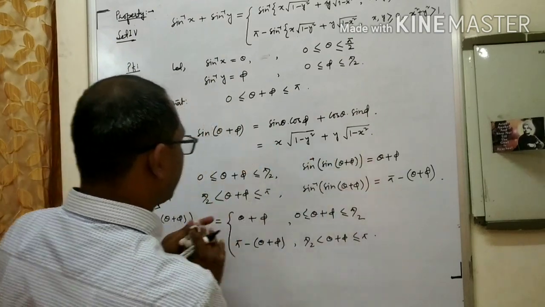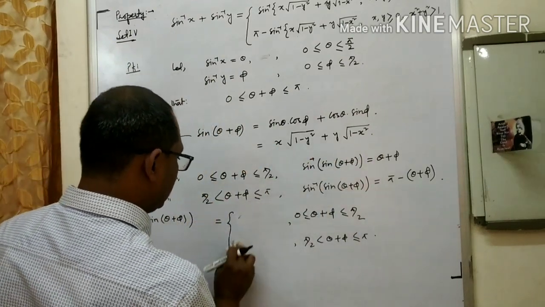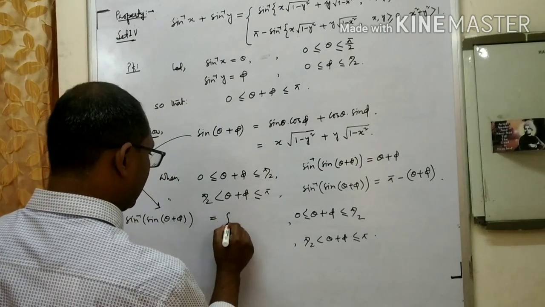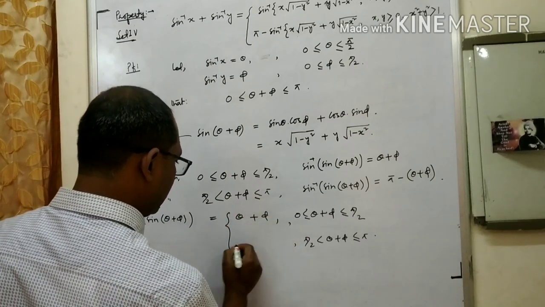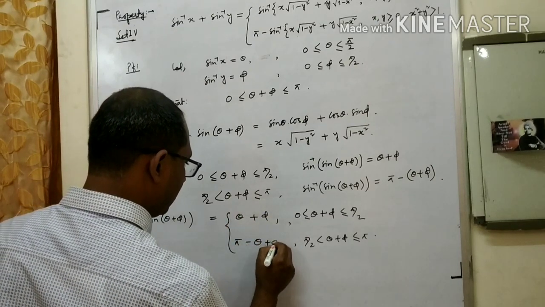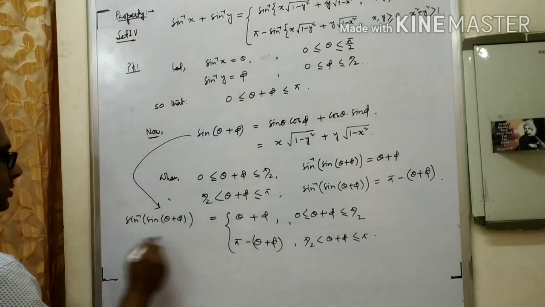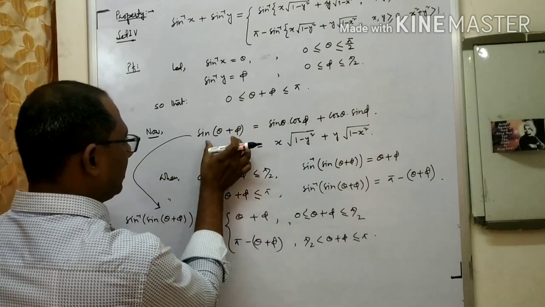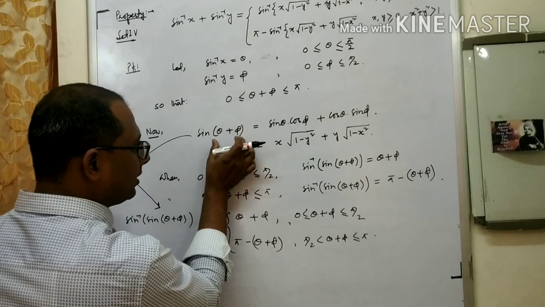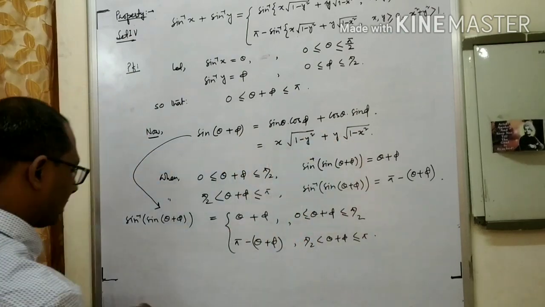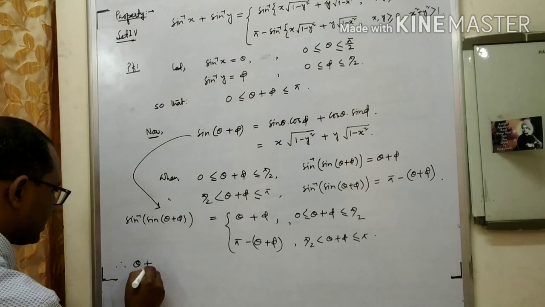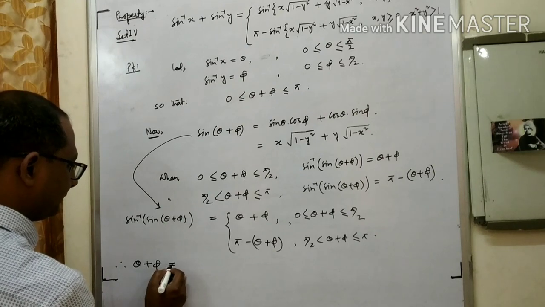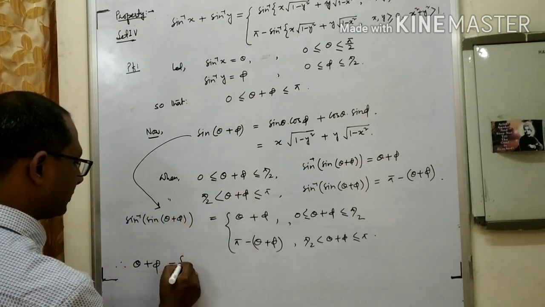This way also we are going to take sine inverse. Okay, so this one we are going to use here now. Both sides sine inverse. Here sine inverse of sine of theta plus phi will remain, with two values, and here also sine inverse will come. So ultimately, on the left hand side, theta plus phi will be the sine inverse of this, and we'll have two values.